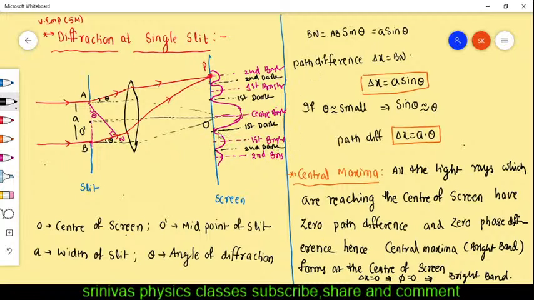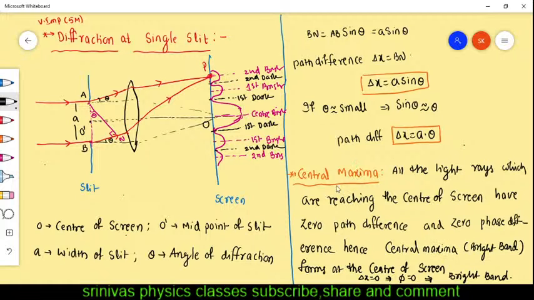Actually, you see the picture very carefully. This is the bright, next dark: center bright, dark, bright, dark, bright. Like this, alternating bright and dark bands form on the screen.